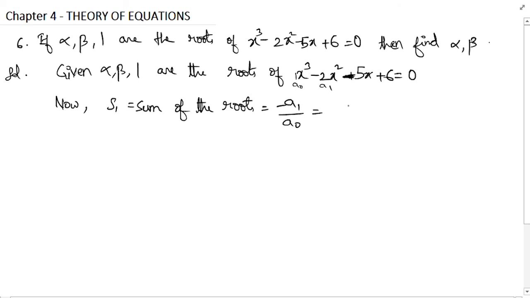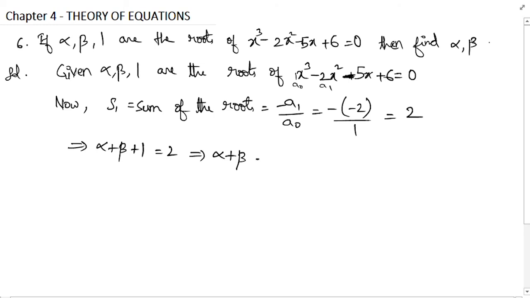So here it will be minus of minus 2 by 1, which is equal to plus 2. So now alpha plus beta plus 1 is equal to 2, which implies that alpha plus beta is equal to 1. We will consider this as 1.